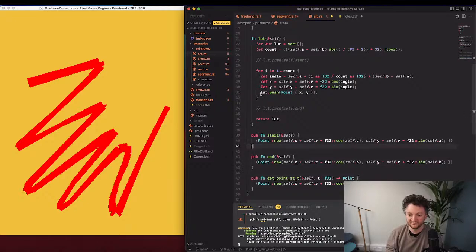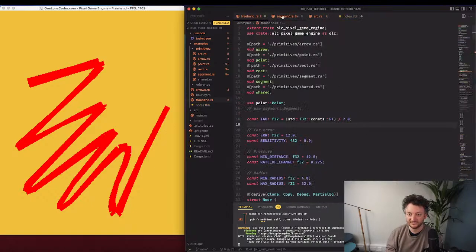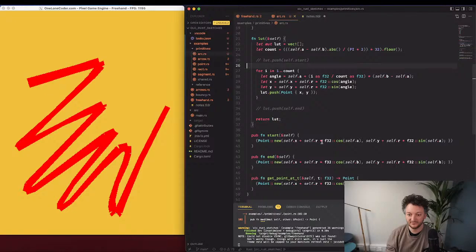And actually, this is going to change the way that we do this lookup table. T is going to be 0 when it's at the start. T is going to be 1 when it's at the end. And if I give it like t 0.25, then it'll give me whatever point is on the circle, but 25% along.